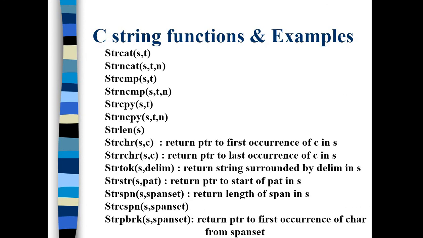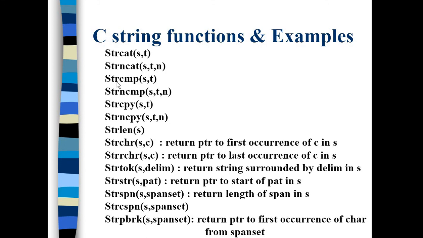Let us discuss other C functions. What is the use of the strcat function? It will help us to concatenate, join two strings S and T. If we want to join only a few characters from the string T to string S, for example only n characters from T concatenated to S, I can use strncat of S comma T comma n.